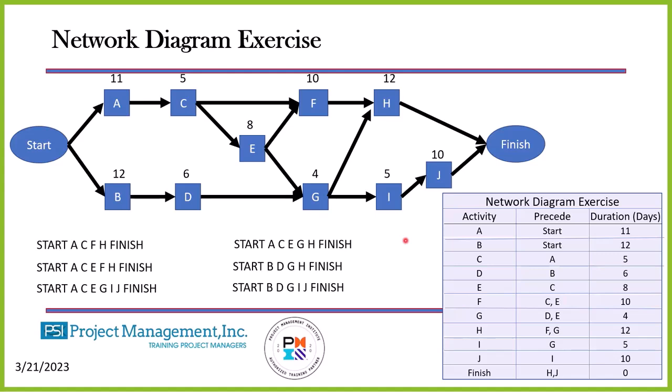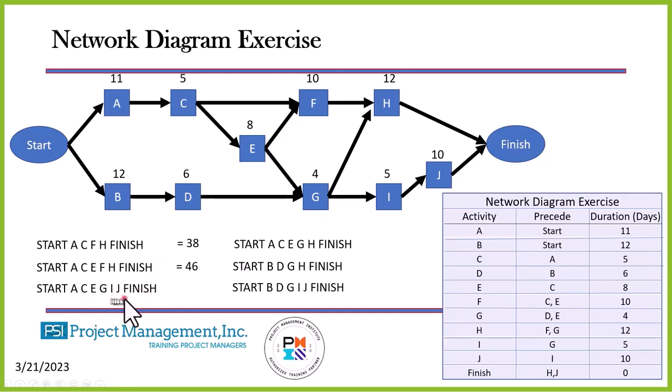To determine the critical path, we add up the duration estimates, the duration estimates on the top of each of these. If I add up the first path, ACFH, you'll find that it has a duration of 38. The next path, ACEFH, has a duration of 46 days.